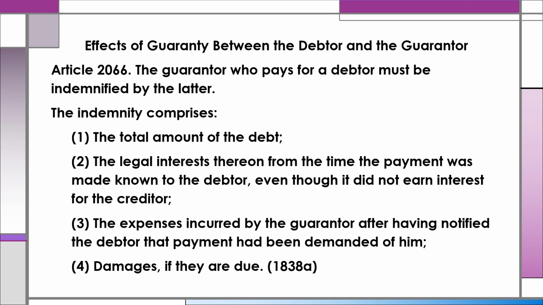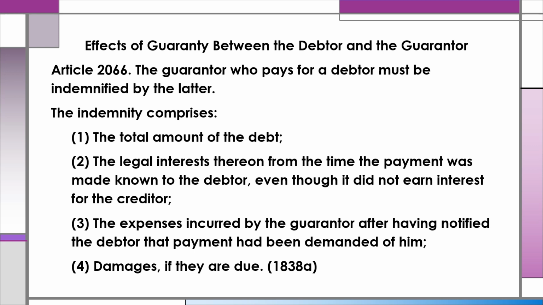So, halimbawa, nagbayad si guarantor 2018 at pinaalam kaagad niya kay debtor na nagbayad na siya, pero si debtor nag-reimburse sa kanya 2020 na, ibig sabihin, from 2018, nung malaman ni debtor na nagbayad na si guarantor, ay tatakbo na yung interest hanggang hindi pa fully paid. Kung naka-fully pay siya ay 2020, therefore, nagbayad siya ng interest for 2 years.